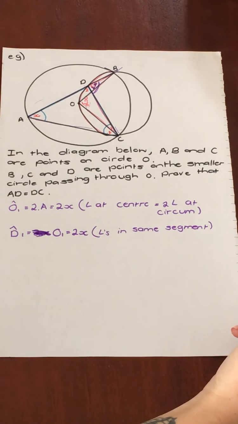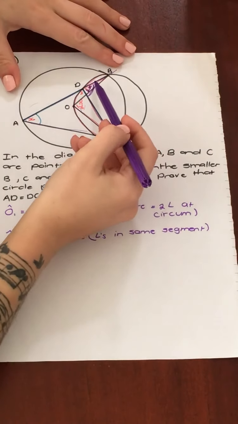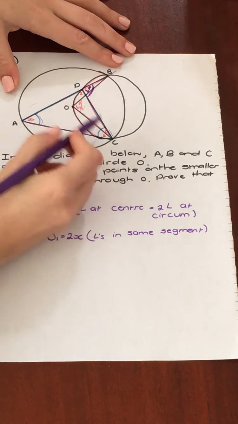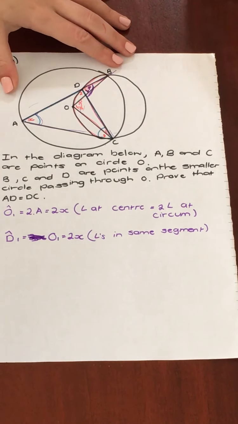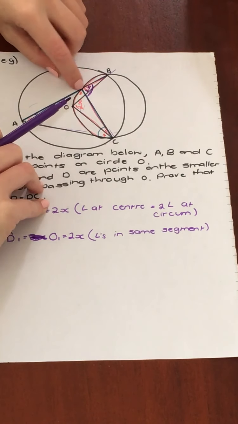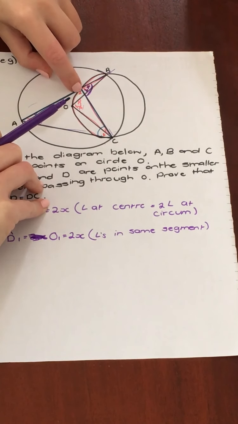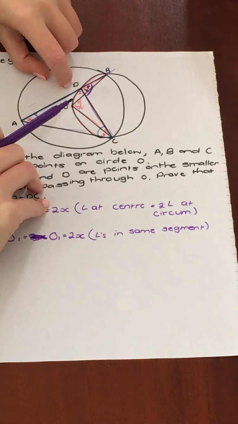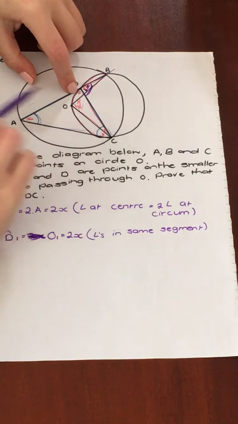Lastly, if you have a good look at this, you can see that this is an exterior angle, and these two added together would give me that exterior angle. Remember, there are many ways to go about it. You could have also looked at the fact that this D2 is on a straight line, so you could have said D2 is equal to 180 minus 2x, and then used sum of angles of a triangle equals 180 and worked it out from there.